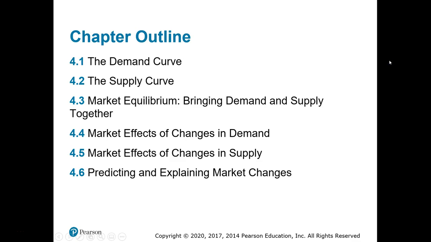This chapter is about the demand curve, the law of demand, the supply curve, the law of supply, market equilibrium, and how bringing demand and supply together makes everybody happy. Then the effects the market has on demand and supply, and are we able to predict and explain market changes?